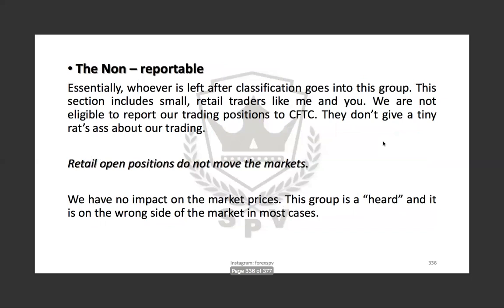And we have now the non-reportable. Essentially, whoever is left after the classification goes into this group. So it's basically me and you. Retail open positions do not move the markets, and we are not eligible to report our trading positions to the CFTC.